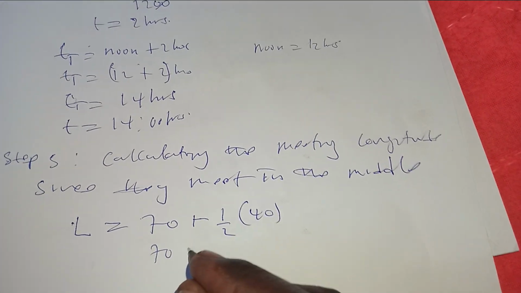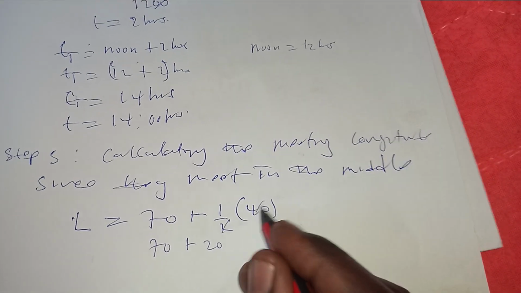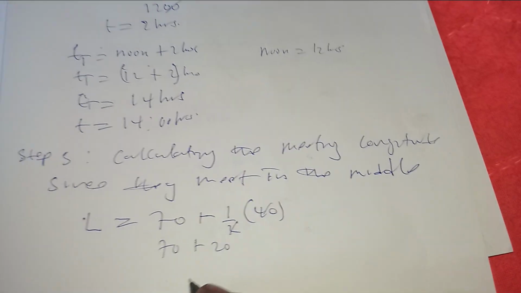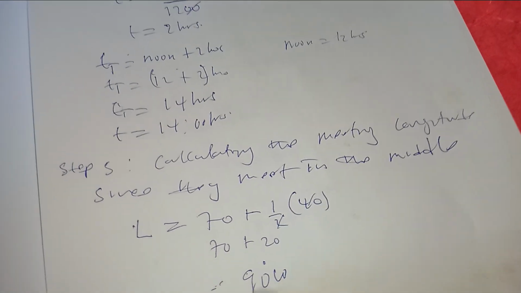So 70 plus 20, which is 90 degrees west. So this is the meeting longitude.